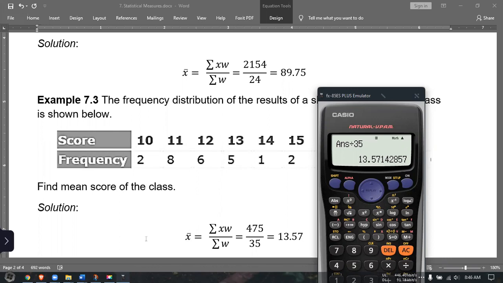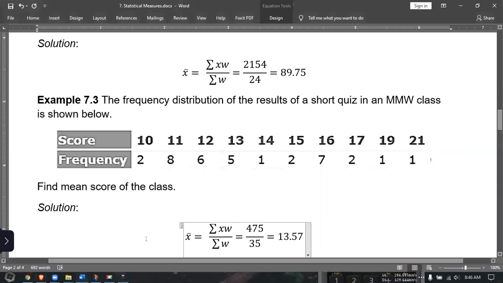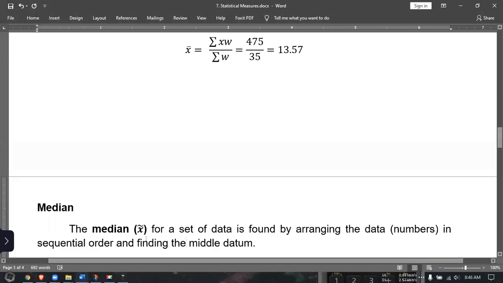We have the median. The median, denoted by the symbol x tilde, for a set of data is found by arranging the data in sequential order and finding the middle data. We have two cases. If we have an even number of observations, there are two middle values; get the mean of these two middle values.